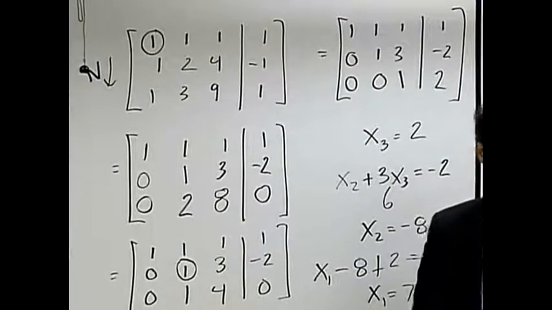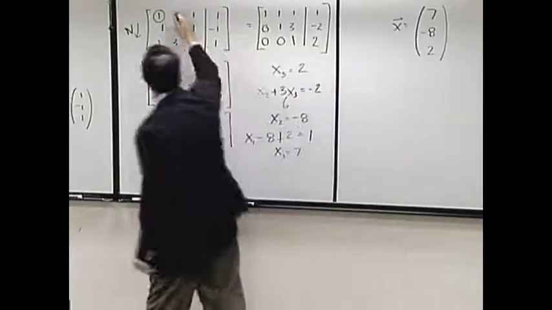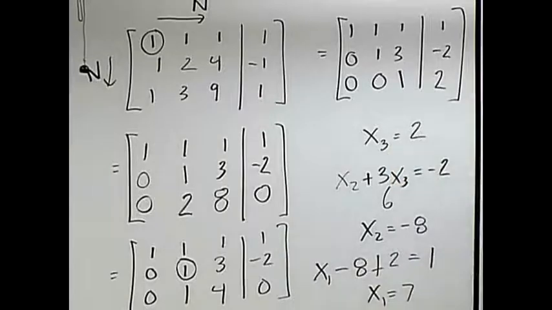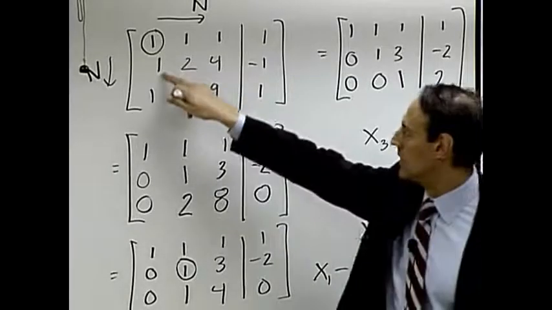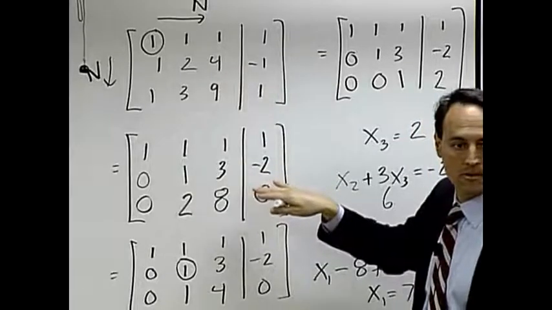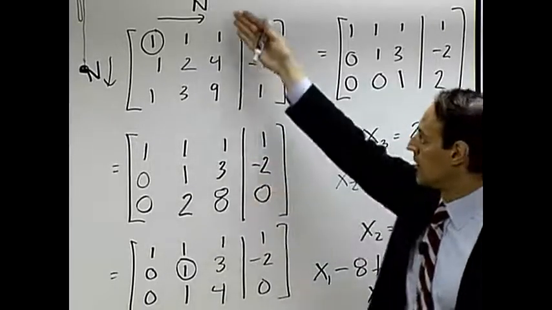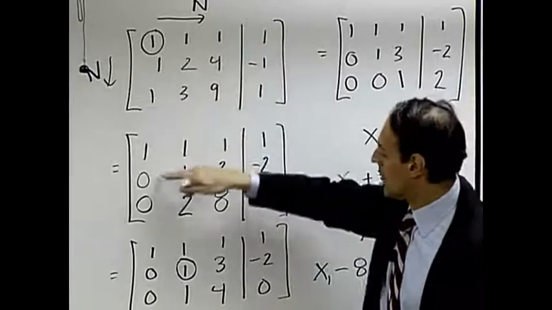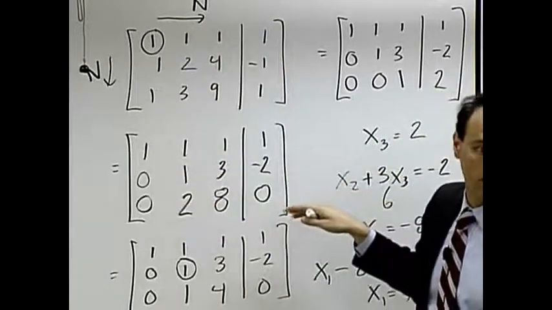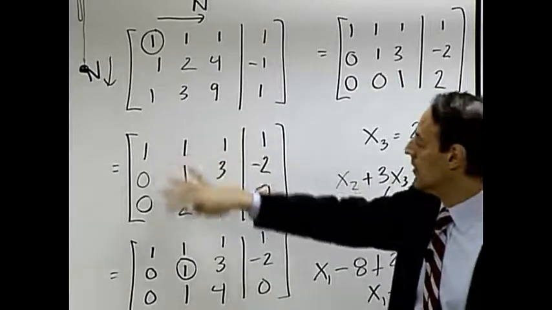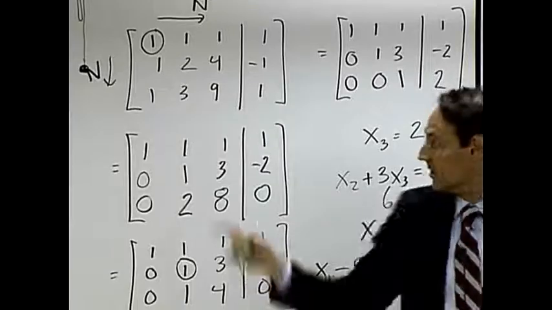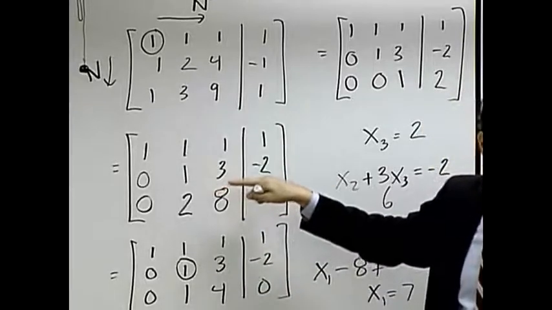For each row I go through, I'm going to have to do n manipulations this way, because I've got to change this number, and this number, and this number, all the way across. So this is what I did here. The first step was to go to this row, go across. Go to this row, go across. I've already done, in this first step, n squared operations just to do this.